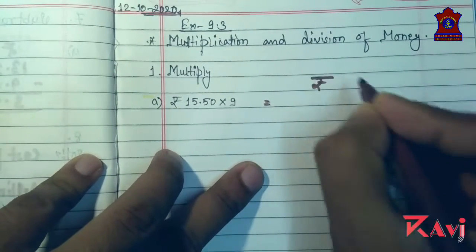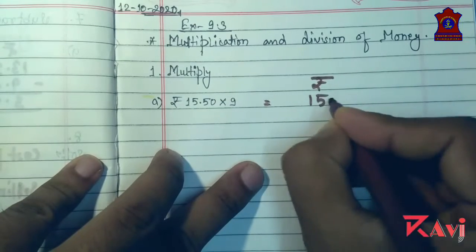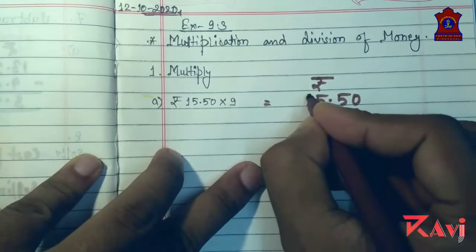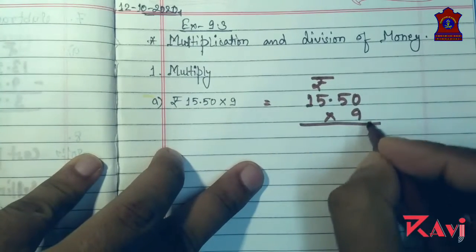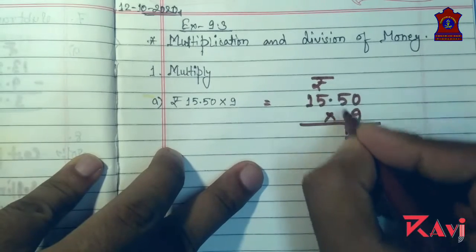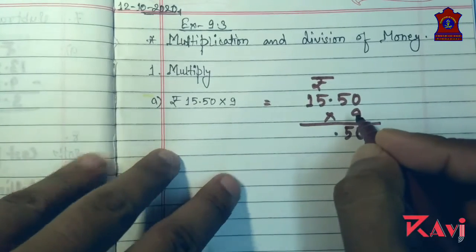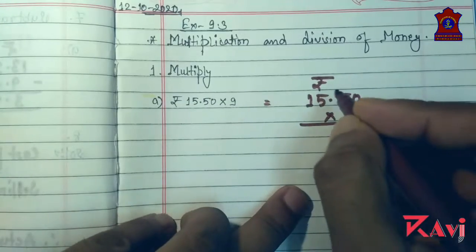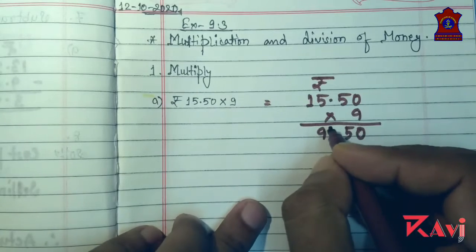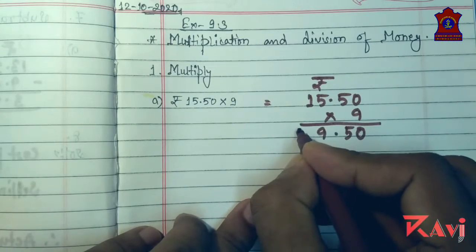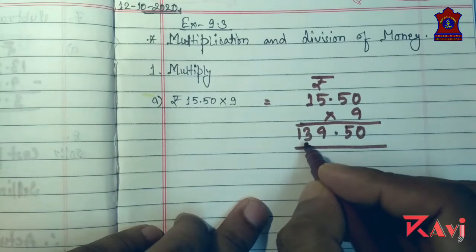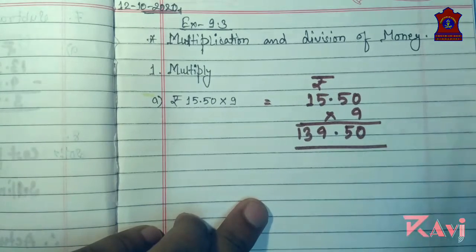Write rupees here, 15.50, write 9 here. 9 0s are 0, 9 5s are 45, 4 goes there, put the decimal. 9 5s are 45 and 4, 49, 4 here, 9 1s are 9 and 4, 13. Okay, so we are getting 139.50.